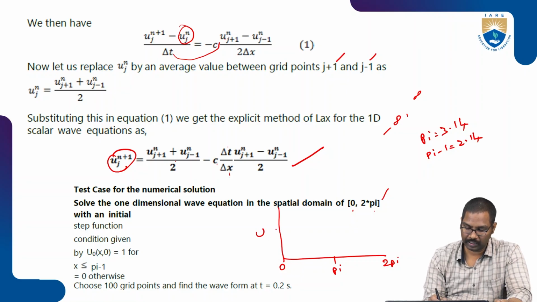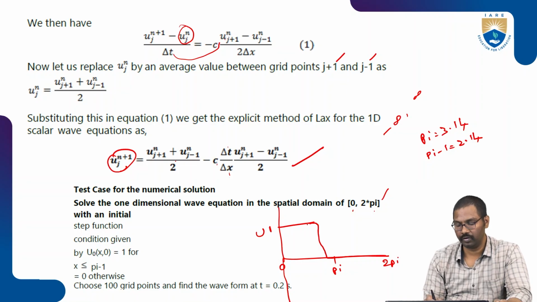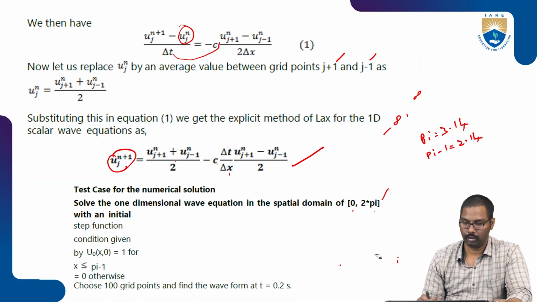For the initial case it is going to be 1, and then it drops to 0. So this is the initial wave that is going to be updated. Then we can see how it is transformed with respect to time and with respect to the solution of the equation.